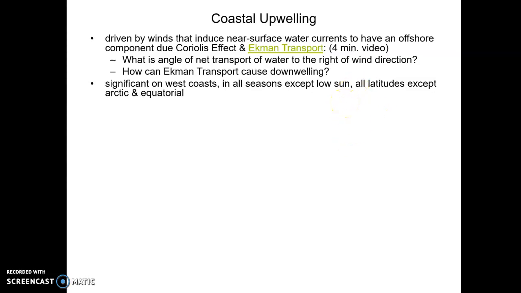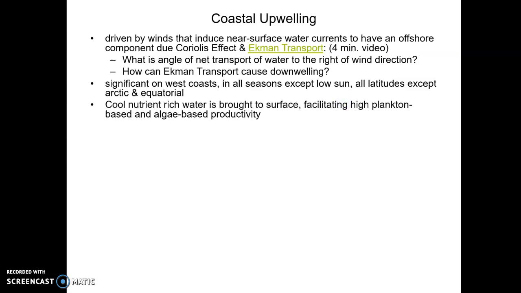So this is significant on all west coasts, especially ones that are anywhere from tropical through middle latitude, say 50, 60 degrees north, and in all seasons except the low sun season. And generally in all latitudes except the Arctic and equatorial, and even in those zones in special conditions, you can get development of coastal upwelling.